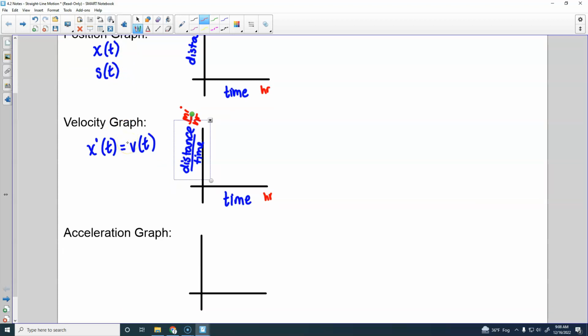Then we can take the second derivative. So it is the second derivative of our position formula, or the first derivative of our velocity formula. That gives us acceleration. And again, if we're thinking of time being here, such as hours, could be any unit of time, then I'm doing the same thing here, my change in y over change in x.